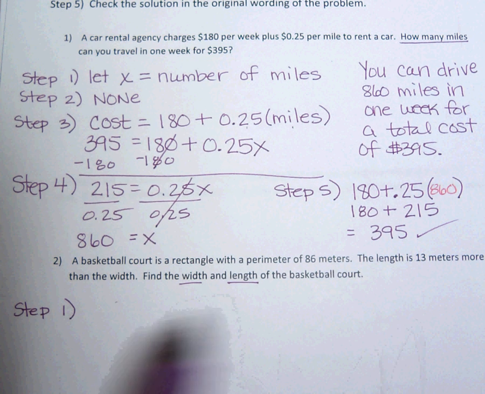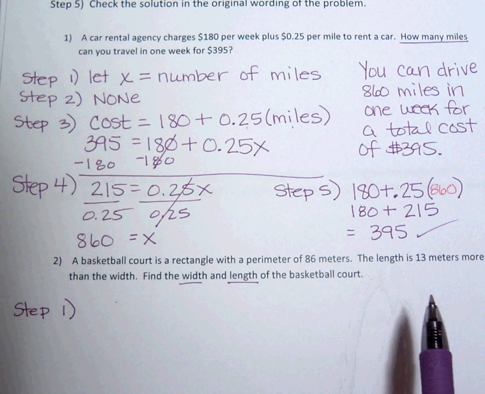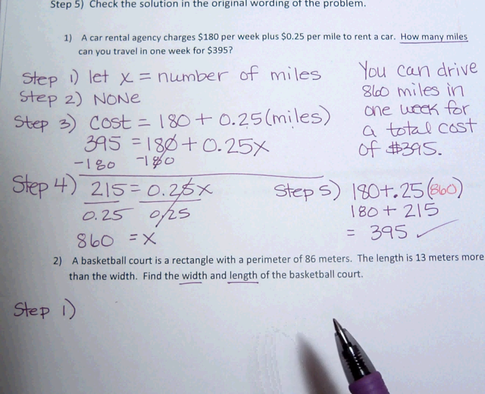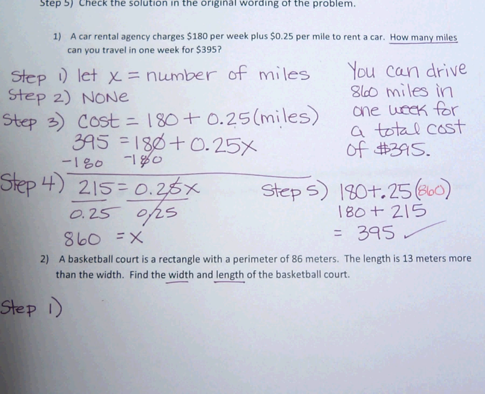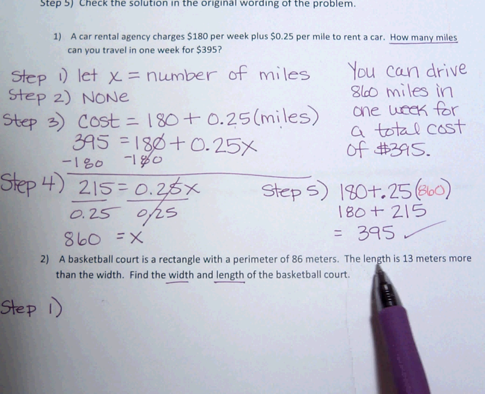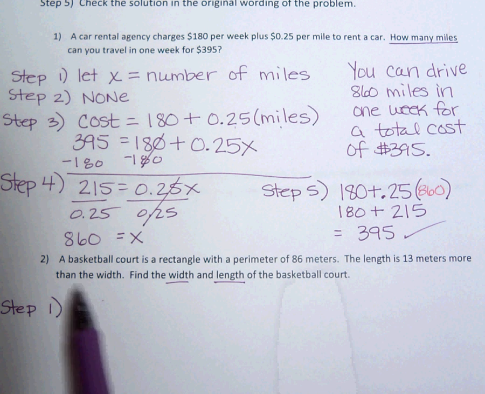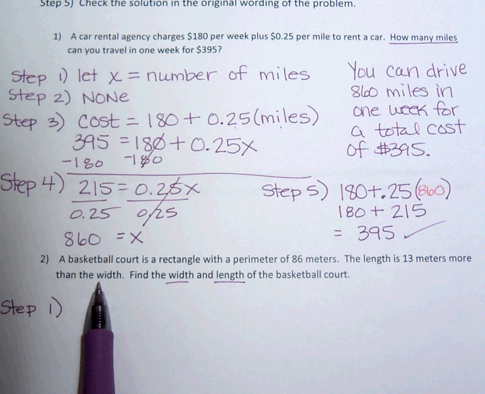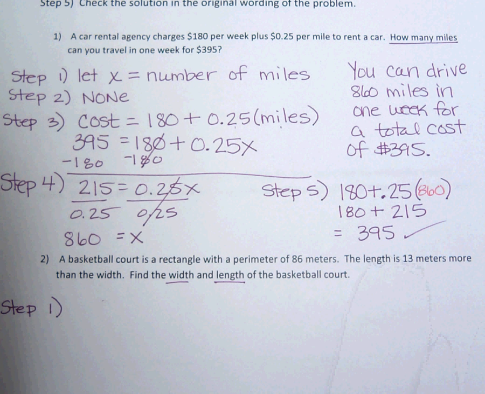All right, now let's go back and look and decide which one we should choose. Should we choose the width or the length? Because we want to make an educated decision here. We don't just want to randomly choose one. Notice how the length is given in terms of the width. The length is 13 meters more than the width. So that means if you knew the width, all you would have to do is add 13 to get your length.